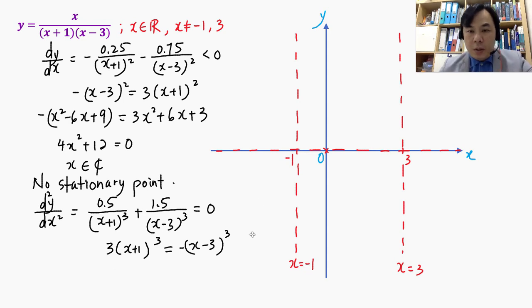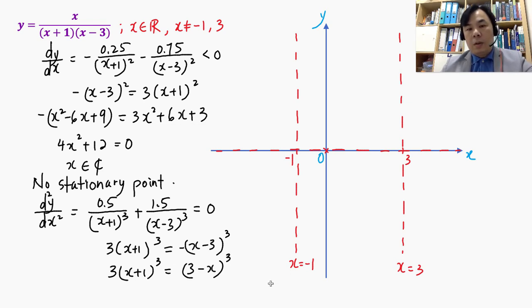Right. So from here, we can try to solve this. Okay, so if you try to solve this, let us give it a try. So that is actually 3x plus 1 equals cube root of (3 minus x), if we bring the negative inside there.